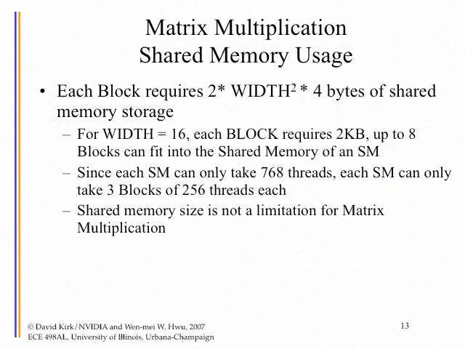So this is a nice example where shared memory is actually not a bottleneck. Remember, from the threading point of view, we're only able to get 3 blocks into the SM anyway. From the shared memory point of view, you can actually have up to 8 blocks. So shared memory is definitely not a bottleneck here.